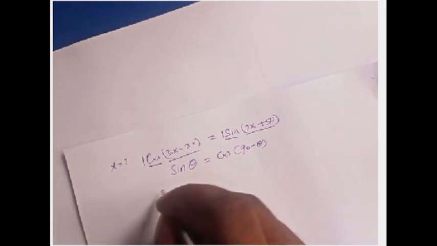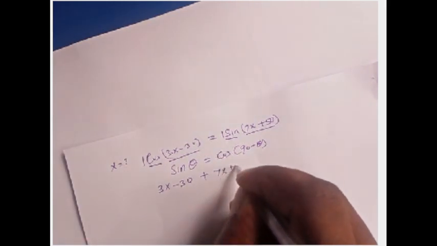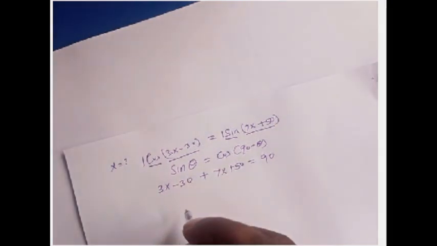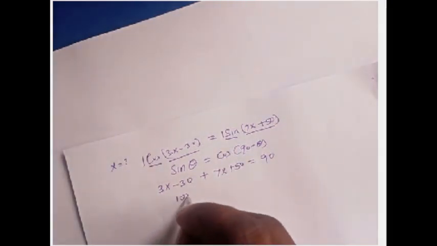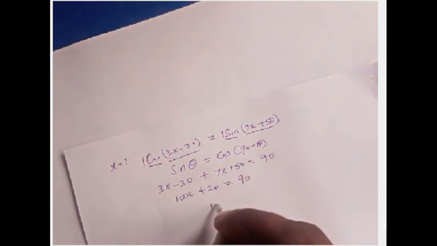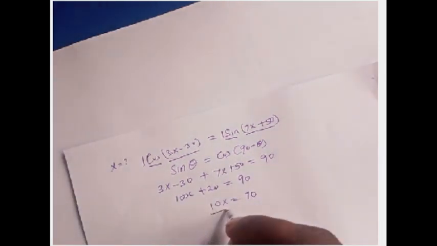So the sum of the two angles will give us 3x minus 30 plus 7x plus 50 is equal to 90. 10x plus 20 is equal to 90. 10x is equal to 70, divide by 10, x is equal to 7 degrees. So that's the value of x.